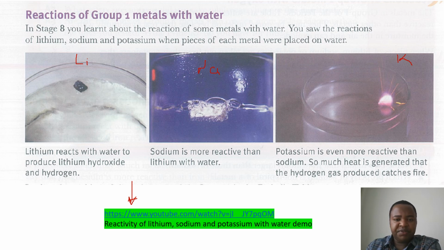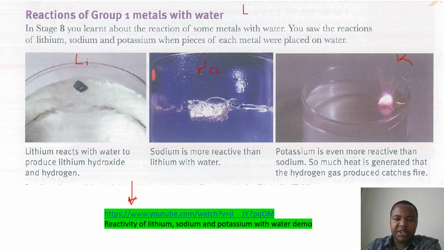In terms of reactivity, we have already said that the reactivity increases as you go down the group. So lithium is the least reactive from this group, and potassium is the most reactive. When all three metals react with water, you form two products: the metal hydroxide plus hydrogen gas.